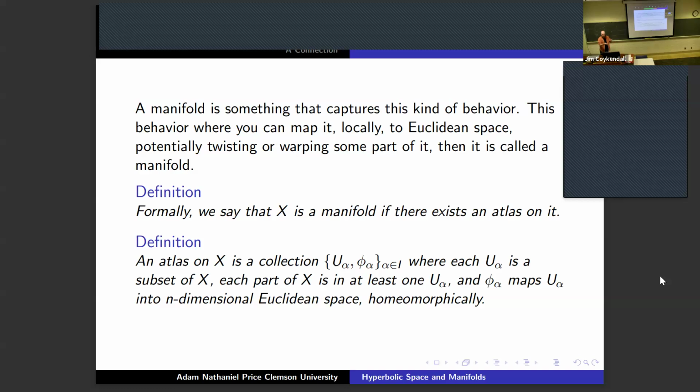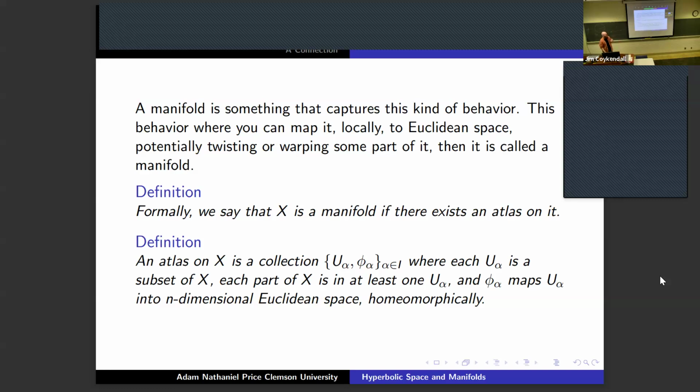Some of the requirements are that each part of X is contained in at least one U alpha, and it has to go into Euclidean space homeomorphically. Don't worry about what homeomorphically means if you don't know. But you want it to preserve some sort of structure, some shape of the space.